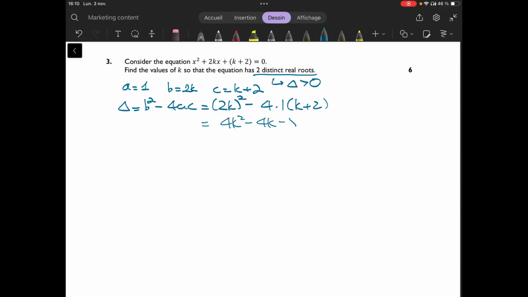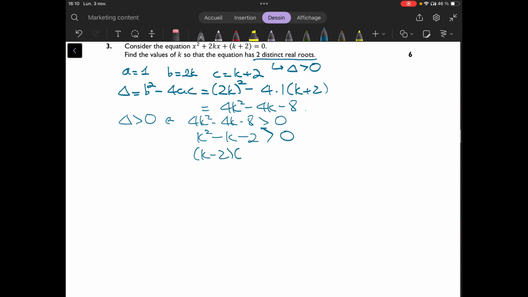this expression for delta. We want to solve the inequality delta greater than 0. Divide both sides by 4. Because we were dividing by a positive number, the inequality sign does not change. Factorize. We now want to find the intervals on which this quadratic is positive.